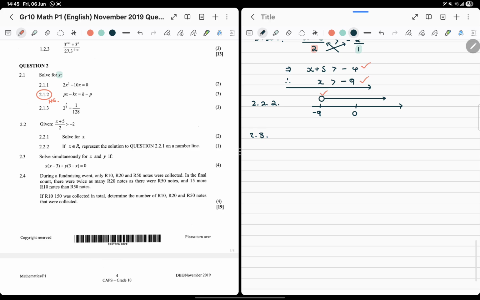2.3. We are told to solve simultaneously for x and y. Now I like this way of asking this question because grade 12s choke when they see these questions, because they forgot what they were taught in grade 10. Usually what chokes them is grade 10 questions.